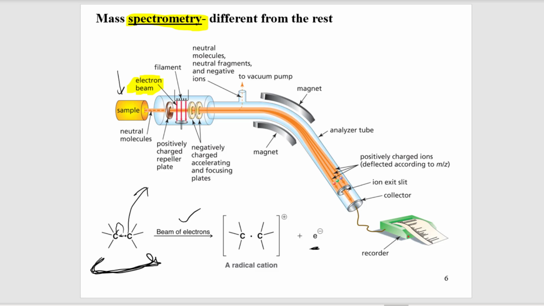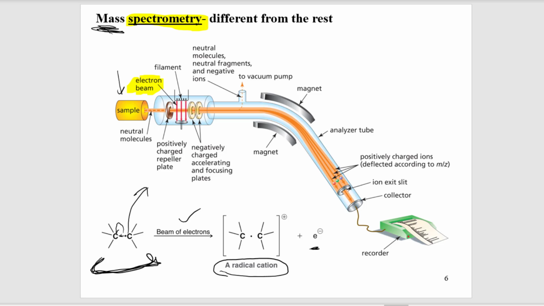So all we're going to see are radical cations. But remember, electrons don't really weigh much, do they? So ejecting an electron from the system allows us to have a charged species, but it didn't affect the mass of the molecule. Thus, we are going to be able to understand mass fragments.